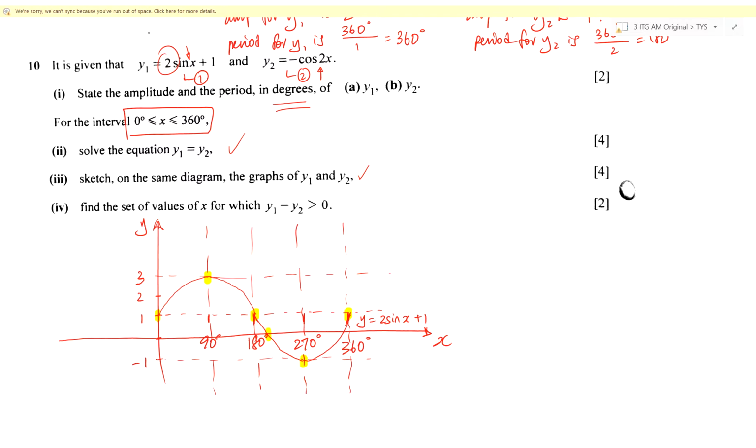The amplitude is 1. So I know that my graph is going to fall within this range. The period is 180 degrees. So I am expecting one cycle within 180 degrees. And in 360 degrees, we have 2 complete cycles.